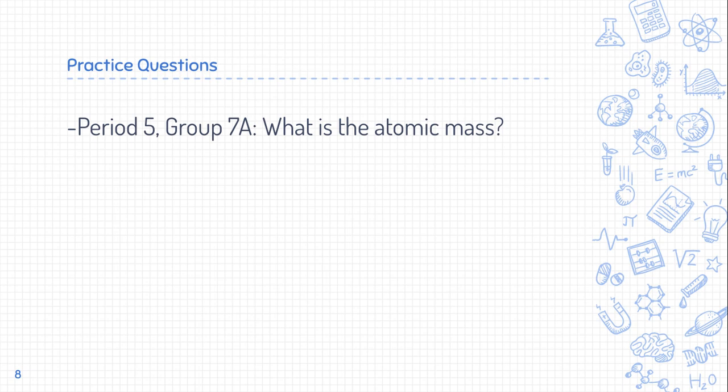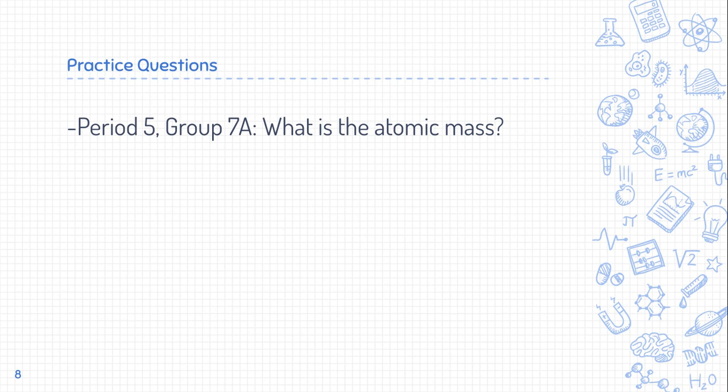So now I'm going to take you through just 3 practice questions to make sure that you have a solid understanding of just how to read the periodic table and how to identify some elements. First, I want you to find period 5, group 7A, and identify the atomic mass of that element. You should start with the rows of the table and go down to the 5th row, which starts with rubidium.